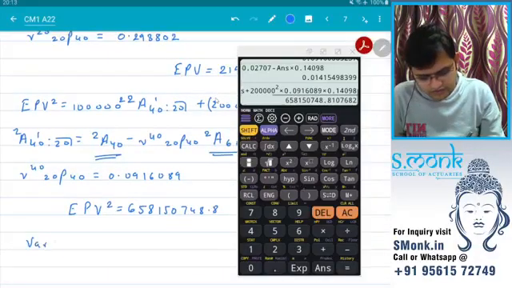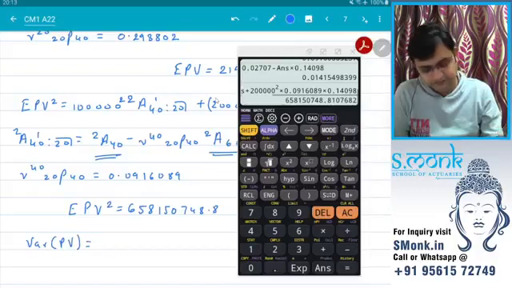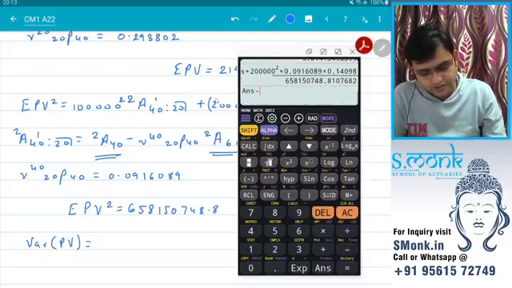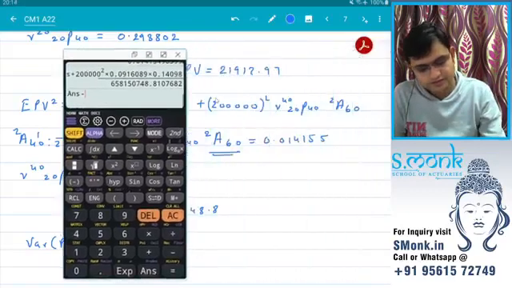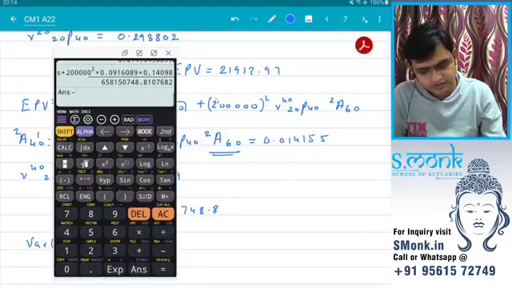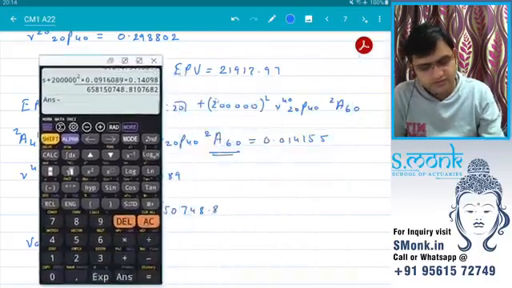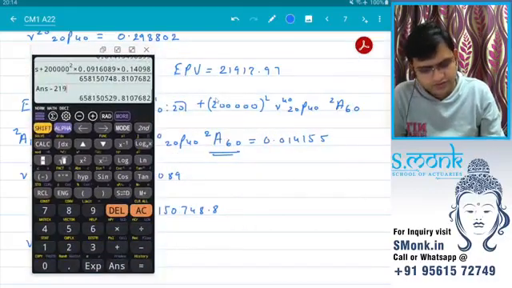The variance of present value will be equal to this much minus expected present value square. The expected present value was 21917.7 square.